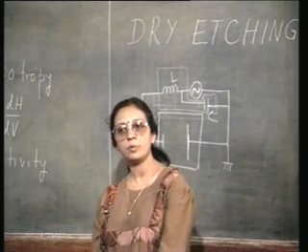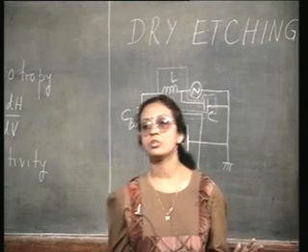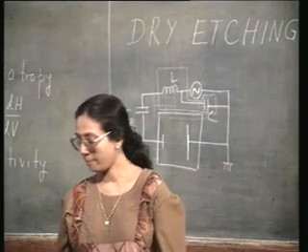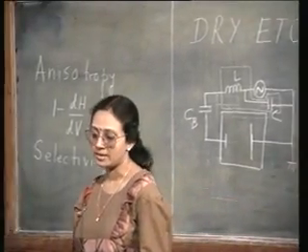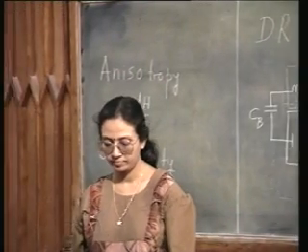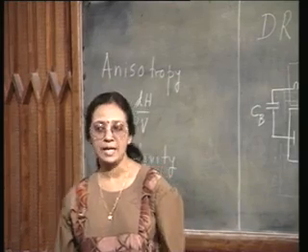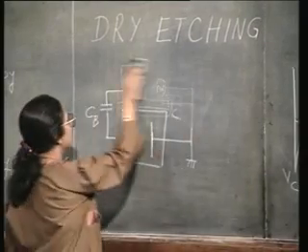One is the ion bombardment energy and the other is the easy generation of reactive species. Now, let us look at the etching mechanisms inside the plasma. It is possible to have chemical etching inside the plasma.